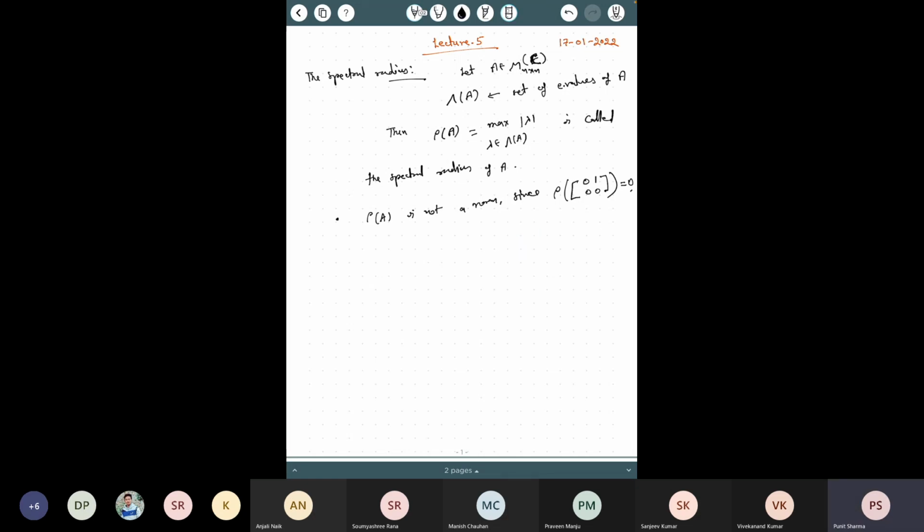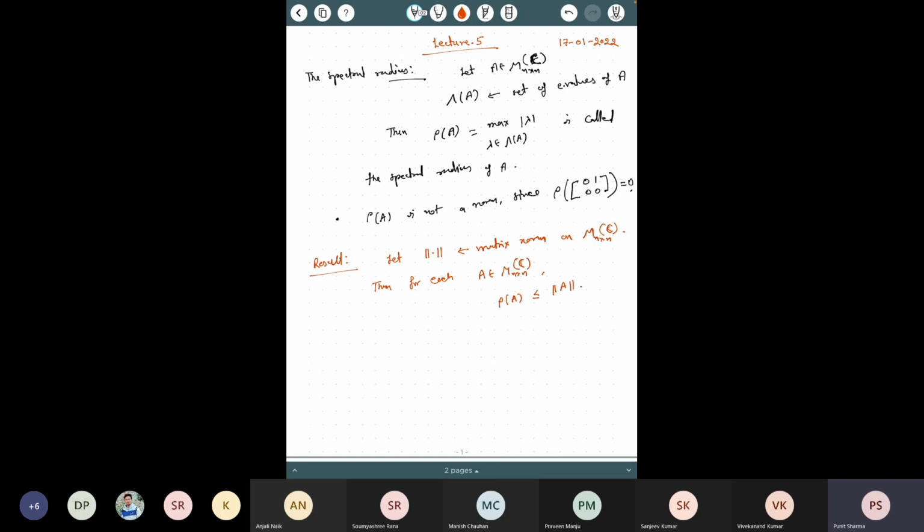But one thing is very easy to observe. I will write it as a result: suppose this is a matrix norm on the space of matrices, then for each A, whatever matrix I take, rho A is less than or equal to the norm of A. So this is true for any matrix norm.